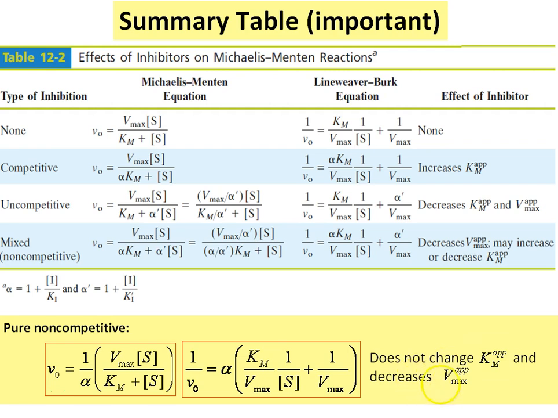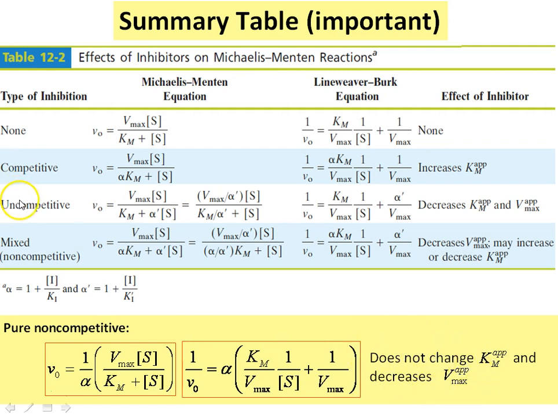In fact, Km is unaffected by the inhibitor. In the mixed type, it can either increase or decrease. Remember, the curves can meet in the first quadrant or the third quadrant, but here they meet exactly on the x-axis, and therefore the apparent Km is equal to the Km. There is no effect on the Km. However, the apparent velocity decreases because the intercept of the reciprocal Vmax increases. So it decreases the apparent Vmax.